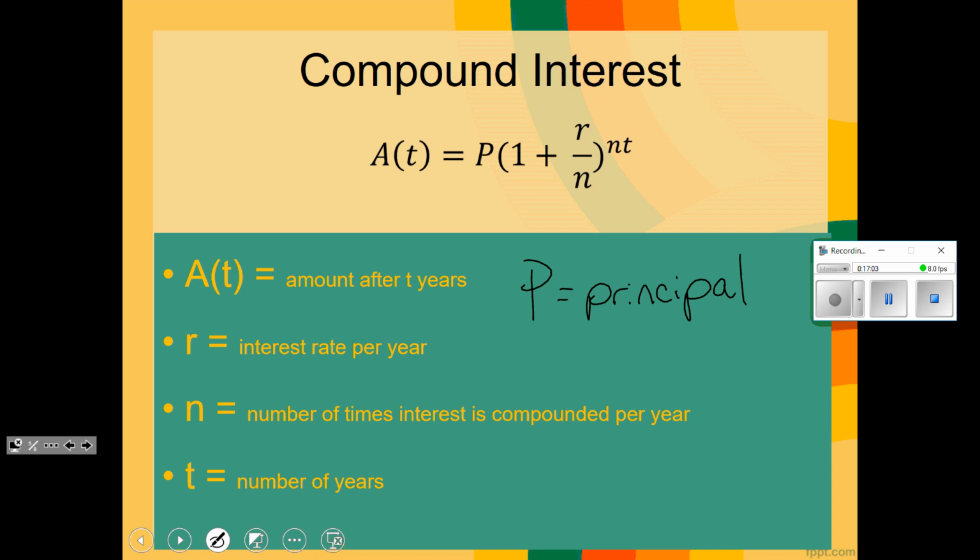And then at the end of that year, we do it again. Are you going to make more money if you compound it more often? Yes. So we're going to talk about what you get when you compound it yearly, then compound it monthly, or bi-yearly, or quarterly. What does quarterly mean? If I compound it quarterly, it means every 4 months. Okay, and we'll talk about that, and you'll earn more money.